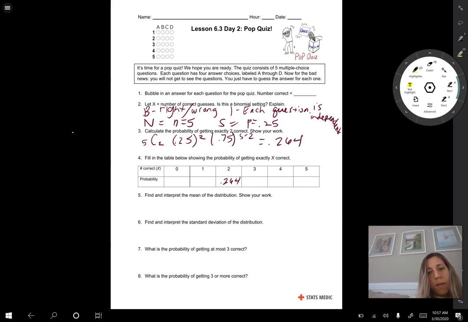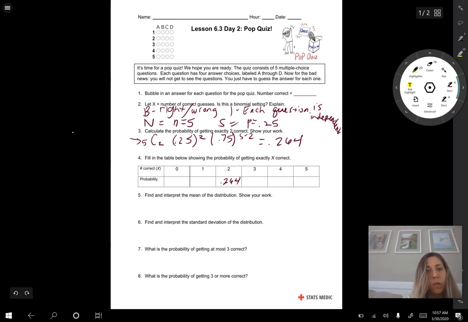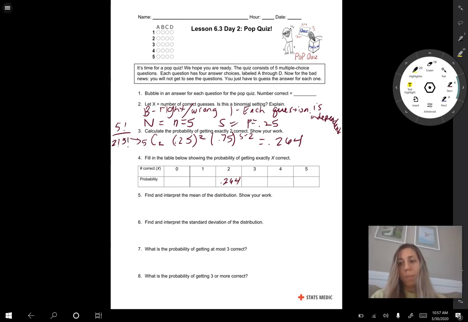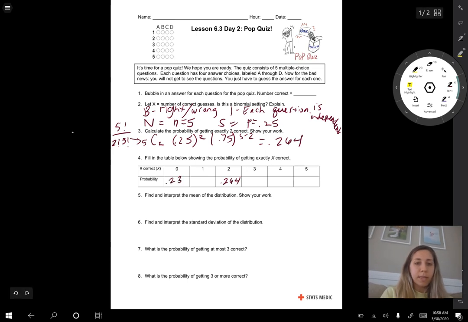If you remember this 5 choose 2, that would be 5 factorial over 2 factorial, 3 factorial. Remember, those 2 numbers have to add up to the top number. And then we could do that using each one of those for each part of this. So if I were to do that for 0, I would get 0.237.